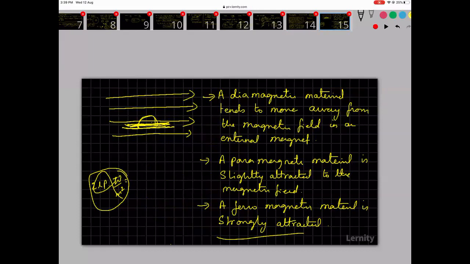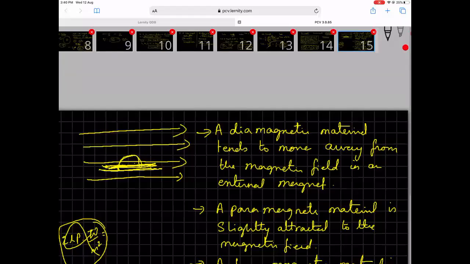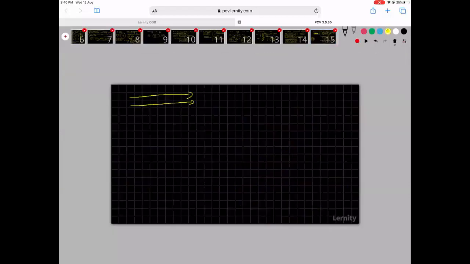A diamagnetic material wants to go away. A paramagnetic material is slightly attracted. Ferromagnetic material comes closer because it gets attracted by the magnetic field. Next, suppose there is a magnetic field here and I keep a body, and this is a diamagnetic substance.